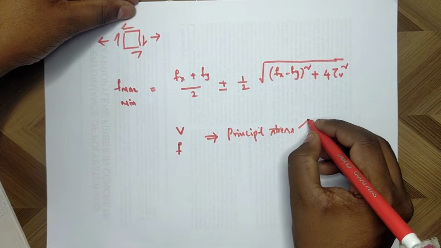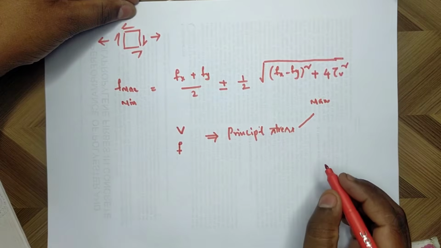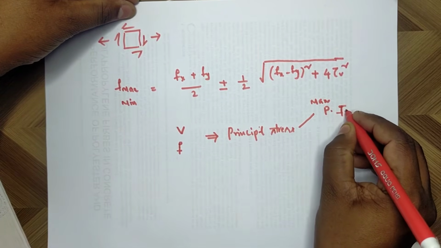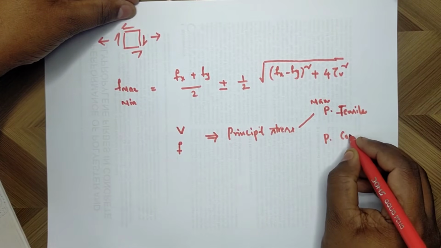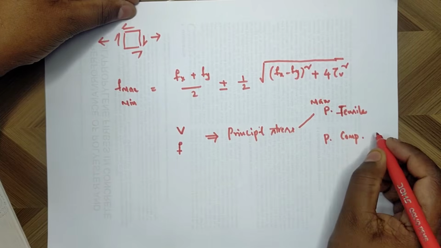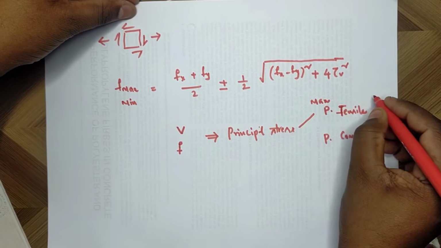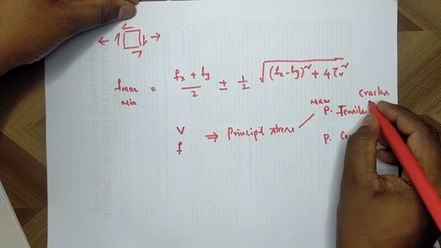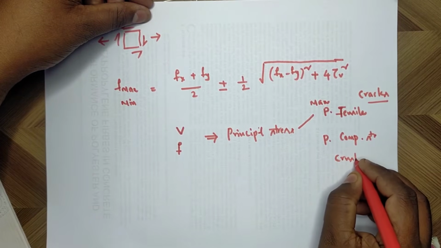In these principal stresses, there are two types: maximum principal tensile stress and maximum principal compressive stress. This maximum principal tensile stress will develop cracks. This maximum compressive stress will develop crushing of concrete.